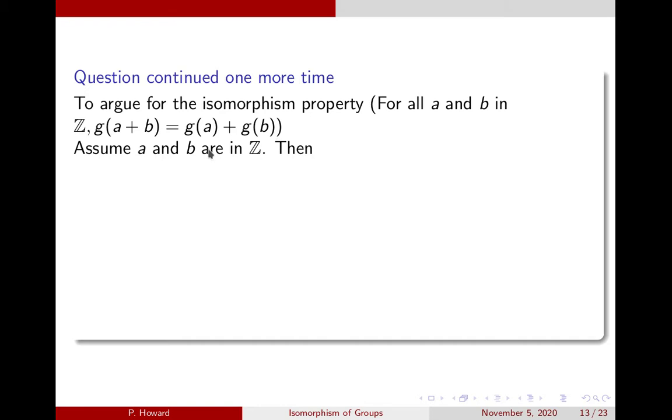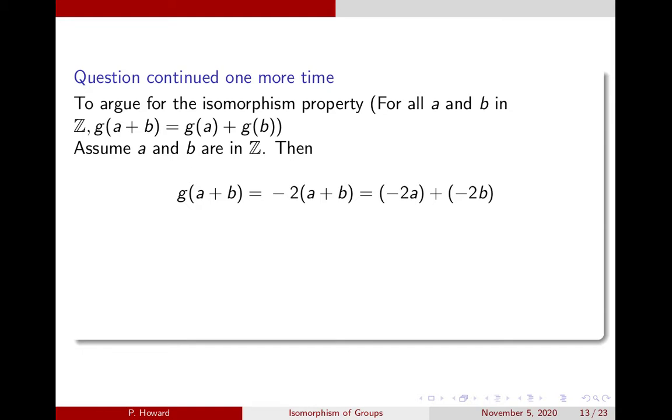So assume a and b are integers, then g of a plus b. According to the definition of little g, to get g of a plus b, you multiply a plus b by minus 2. Distributing the minus 2, we get minus 2a plus minus 2b.